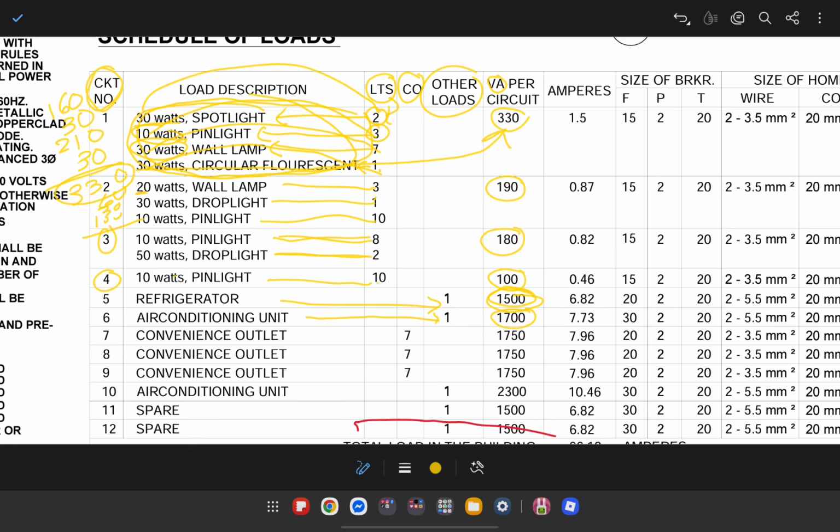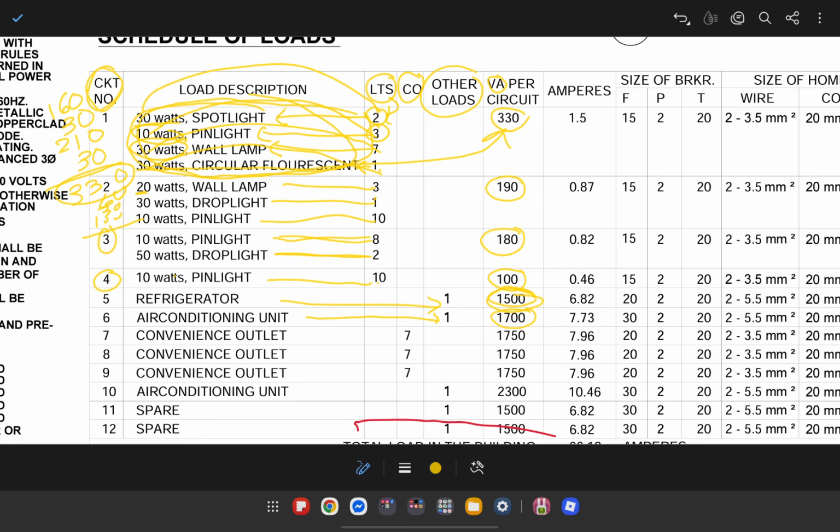Now, let's say, for example, you are required to provide for a specific room, let's say a bedroom, a 2 horsepower air conditioning unit.